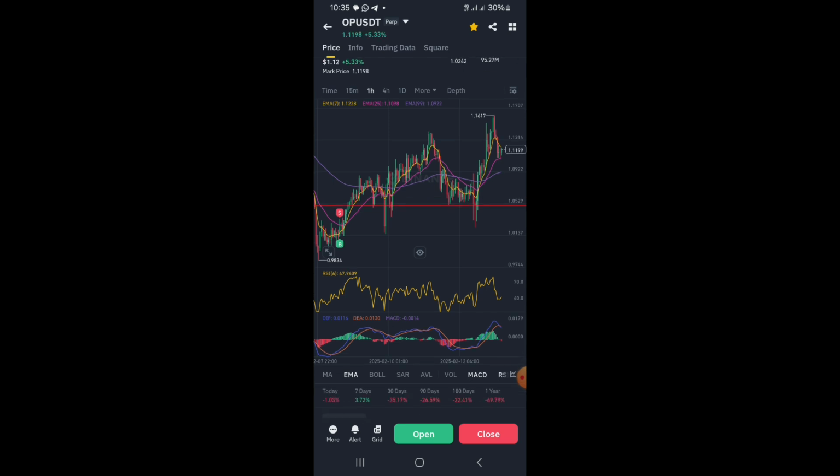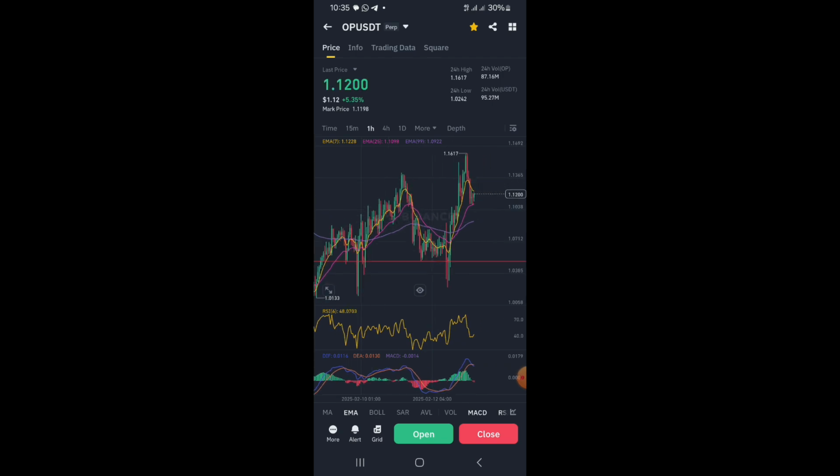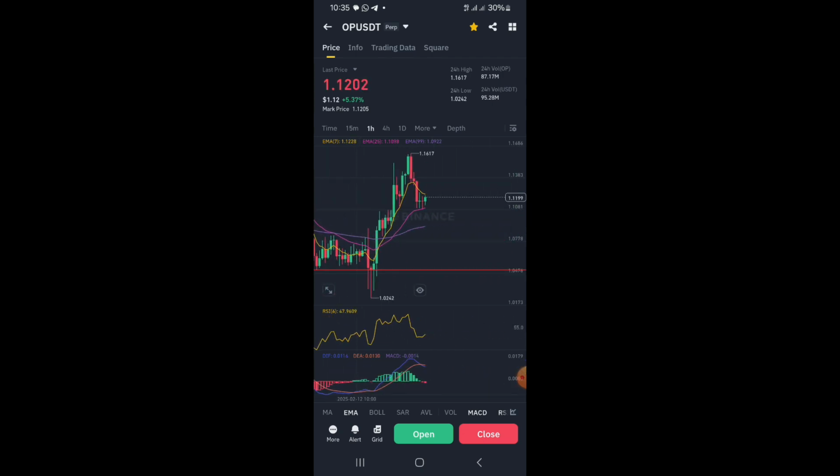We have other indicators, but I will advise you guys to use like 1, 2, 3 indicators to enter a trade. If you want to enter swing trading, as you can see, the market is moving in an uptrend.